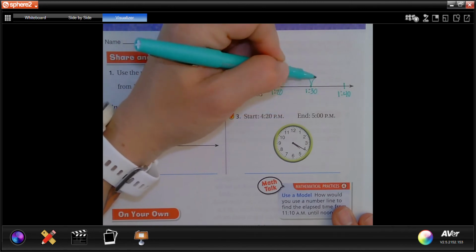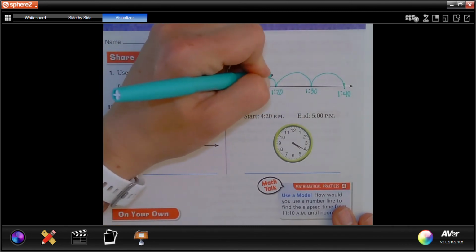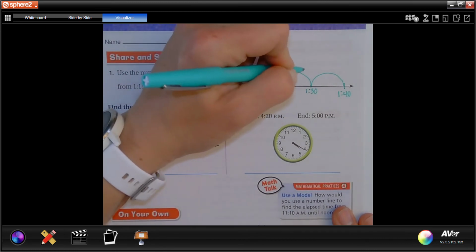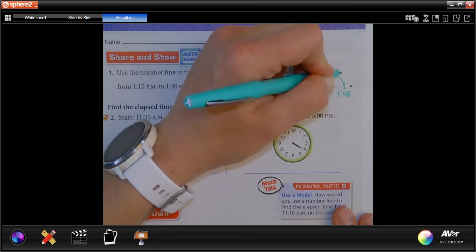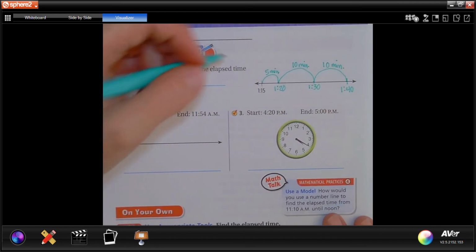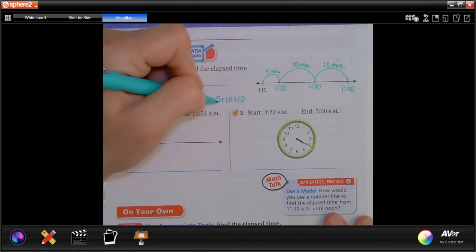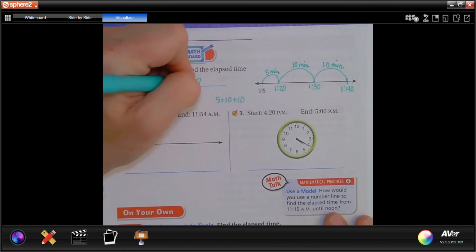And then 10 more minutes will get us to 1:40. So we did 5 minutes here, 10 minutes here, and 10 more minutes here. All right, so 5 plus 10 plus 10, 5 plus 10 is 15, plus 10 more is 25 minutes.